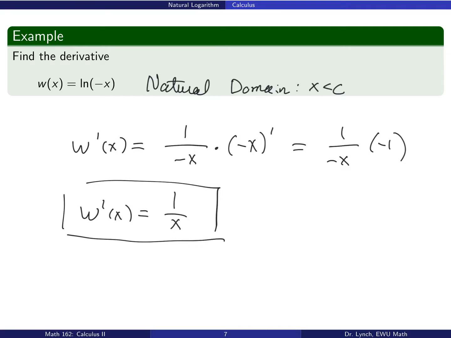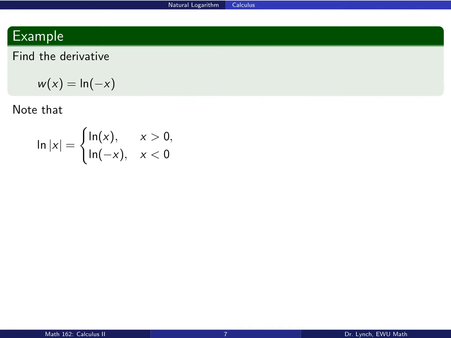So this leads us to something kind of interesting, which is that the natural log of the absolute value of x is the natural log of x when x is greater than 0, and the natural log of minus x when x is less than 0. So we can see now the derivative of this function.